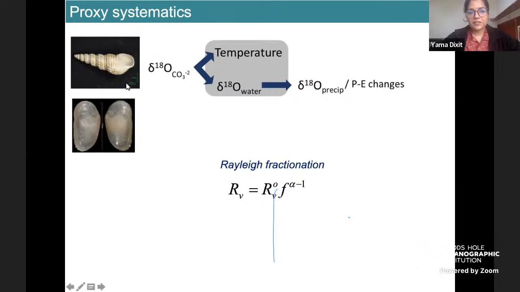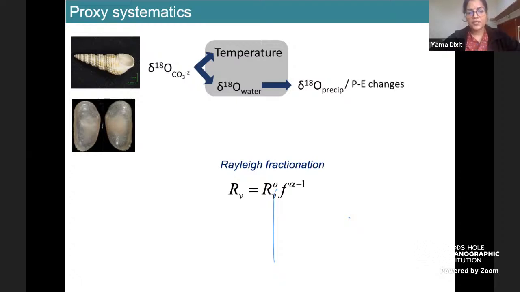So we measure the oxygen isotope of these carbonates. It could be a gastropod, and these shells are really tiny, less than a millimeter, microscopic shells. These are calcitic ostracods and aragonite gastropods.